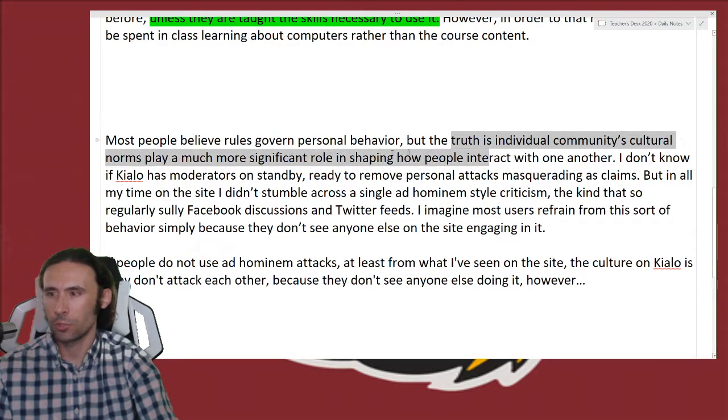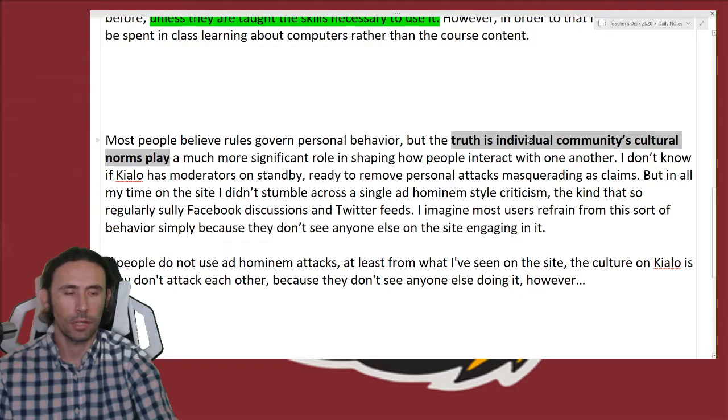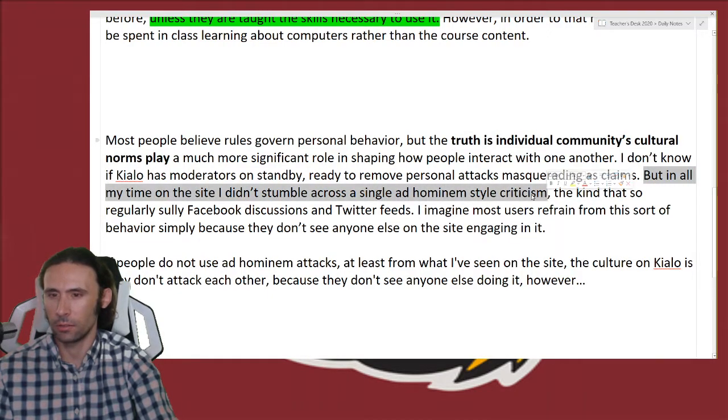The truth is the individual community's cultural norms. It's the cultural norms that make it so no one attacks each other. What's the evidence for that? In all my time on the site, I haven't seen a single attack.